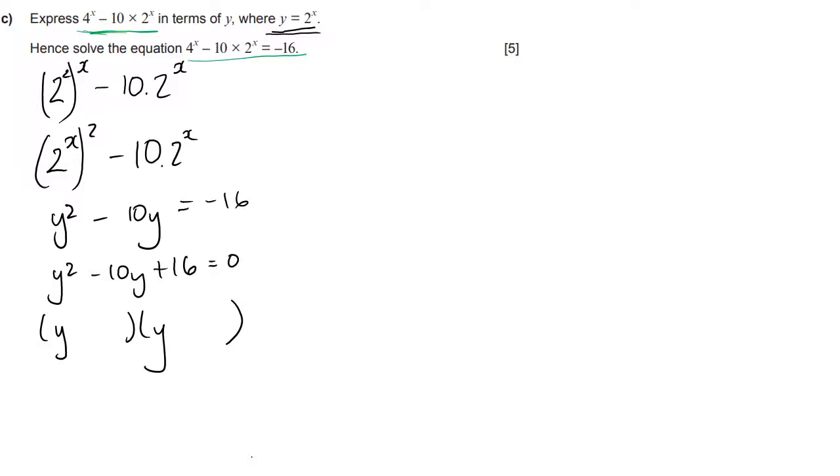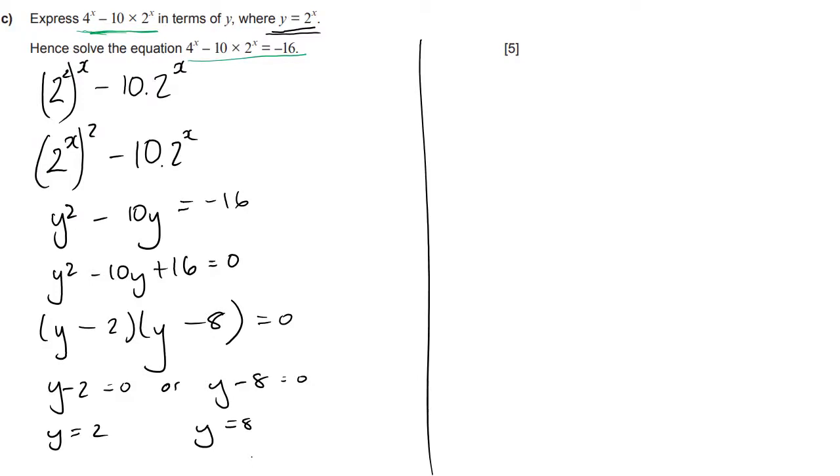16 would go as 8 and 2, minus for both of them, equals 0, so that we have y minus 2 is equal to 0, or y minus 8 is equal to 0. y equals 2, or y is equal to 8. We then replace y with 2 to the x, so we have 2 to the power of x is equal to 2, or 2 to the power of x is equal to 8.